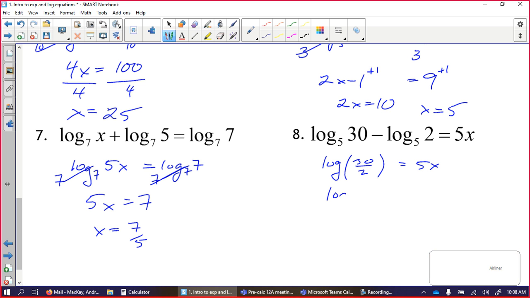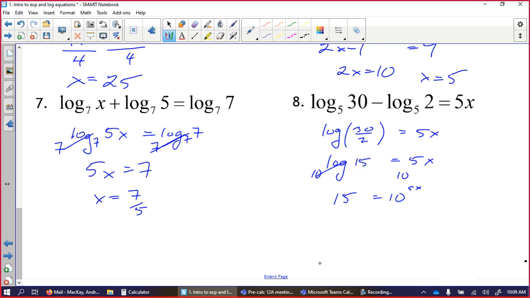So I'm going to rewrite this. 10 to the 5x equals 15.